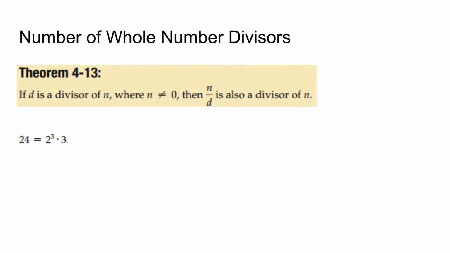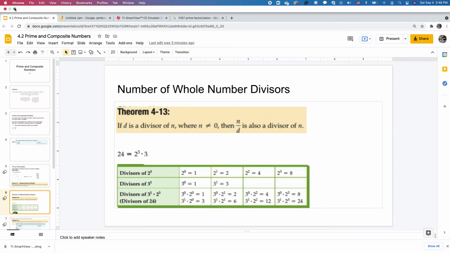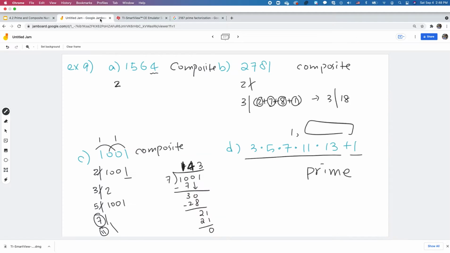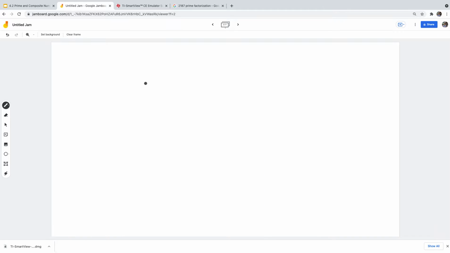So if I just rewrite this part using my Jamboard, it's like this. Here is a composite number n. It is divisible by d. And there's a number q then, right? So we know the relationship here. n is d times q.